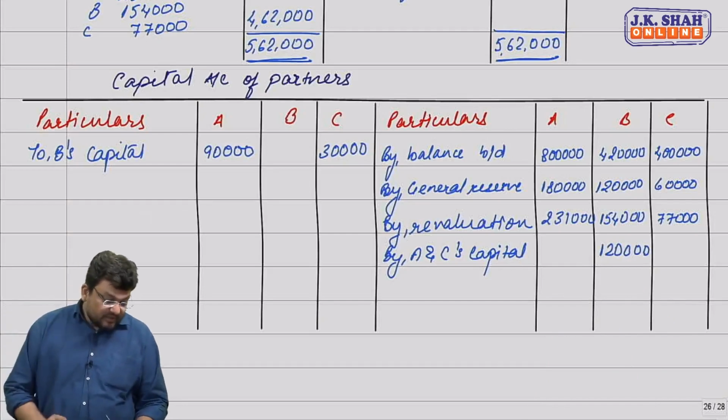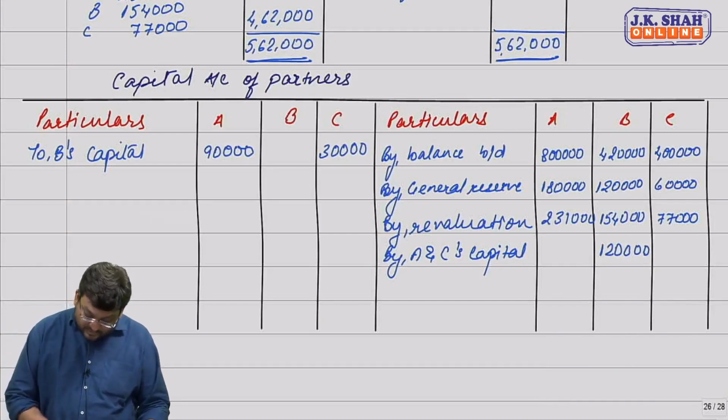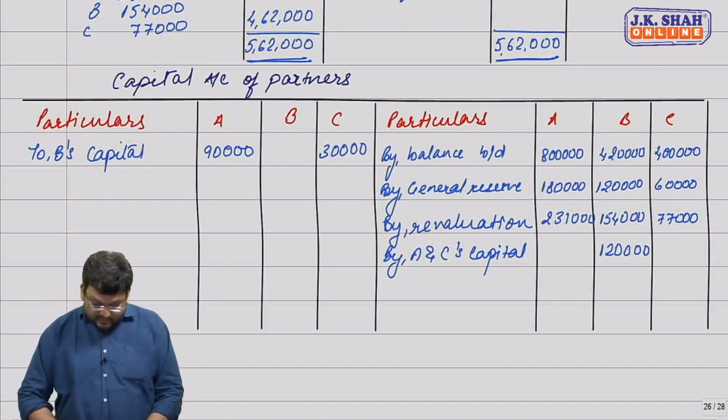Now, what is amount payable to B? Amount payable to B comes to 420 plus 120 plus 154 plus 1,20,000.